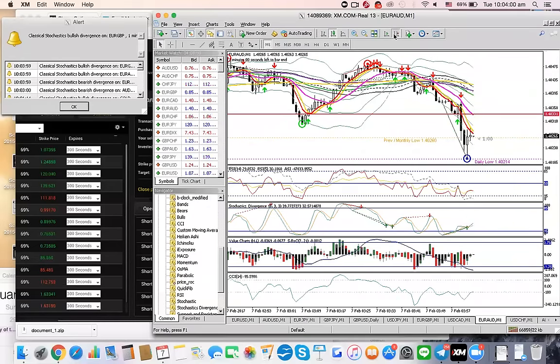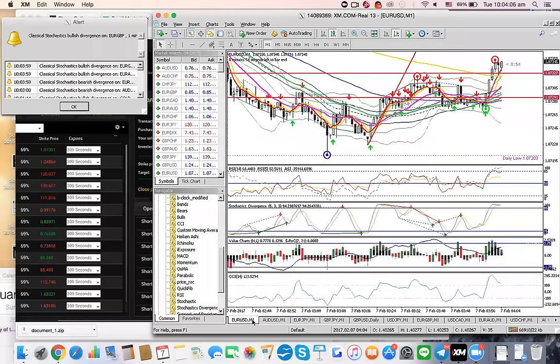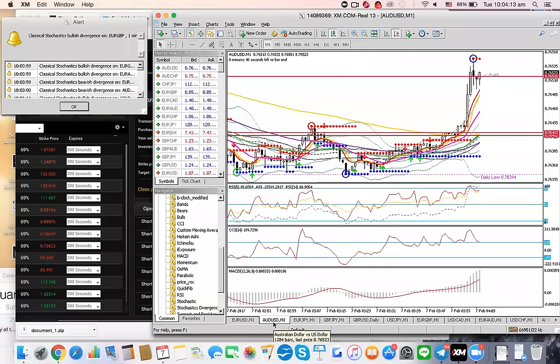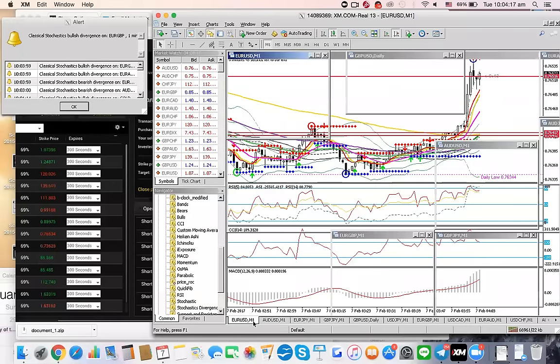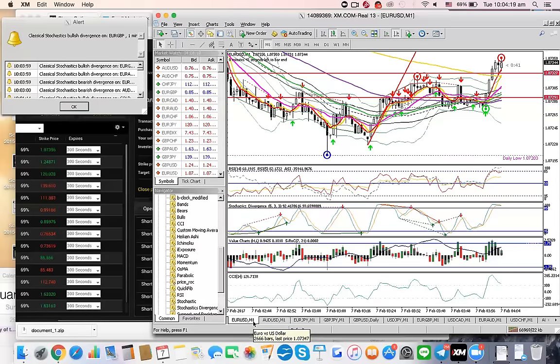Euro Aussie should be the opposite. Euro USD is setting up. We will have a double top here. I think the way to do it is straddle. You got to straddle this one.